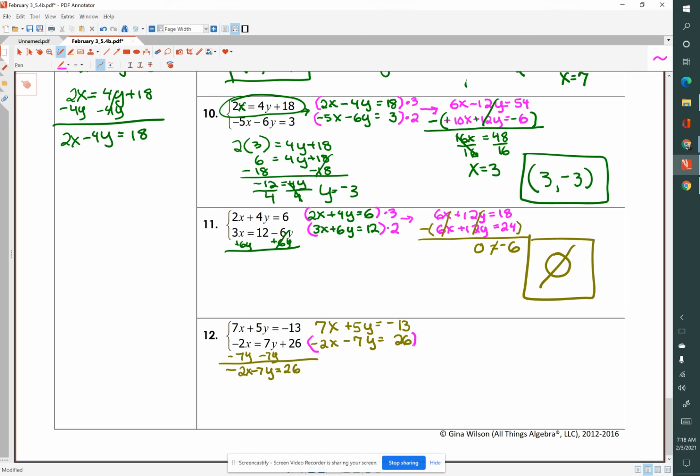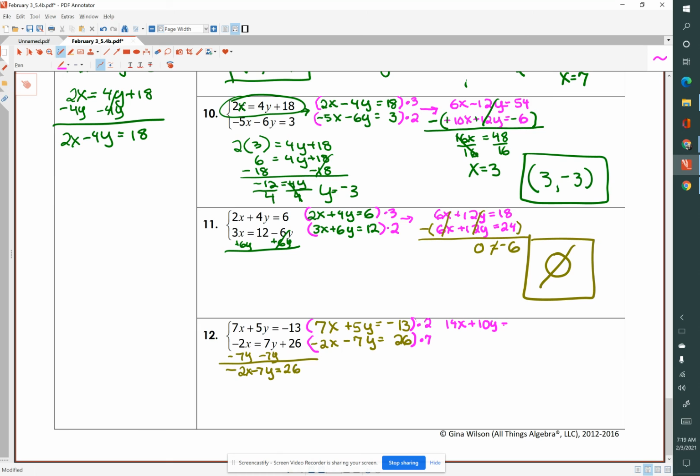And I think what I will do is multiply. I'm going to work with the x's. I'm going to multiply the first equation by 2 and the second equation by 7, so I get that common coefficient of 14. So 2 times 7x is 14x. 2 times positive 5y is 10y.